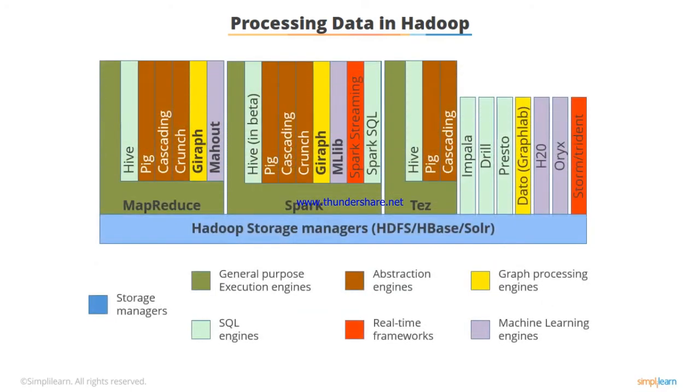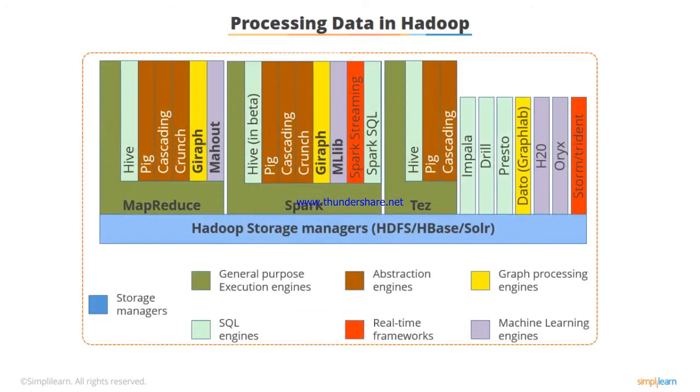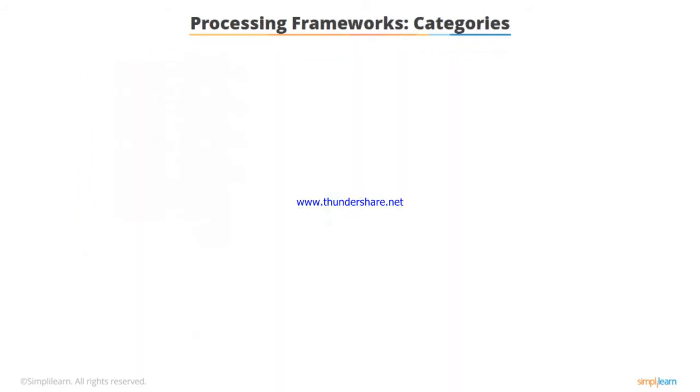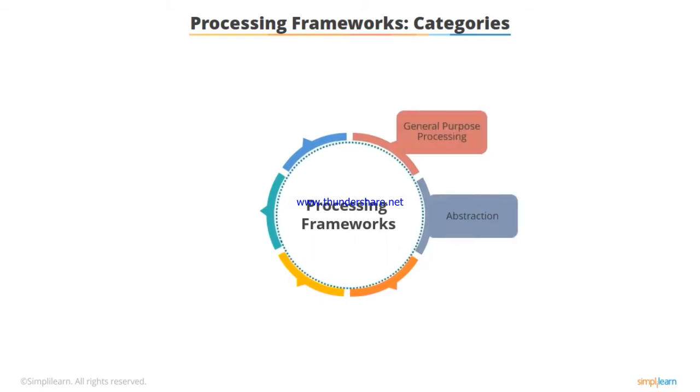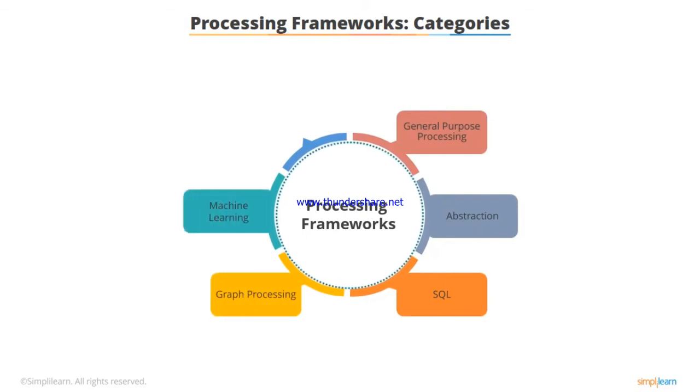The image shows the categories of processing frameworks and tools or frameworks within a Hadoop ecosystem. Let's learn more about these categories. Hadoop processing frameworks can be classified into general-purpose processing, abstraction, SQL, graph processing, machine learning, and real-time or streaming frameworks.